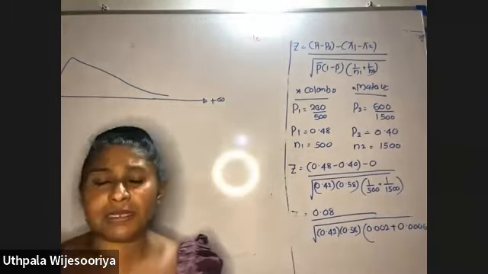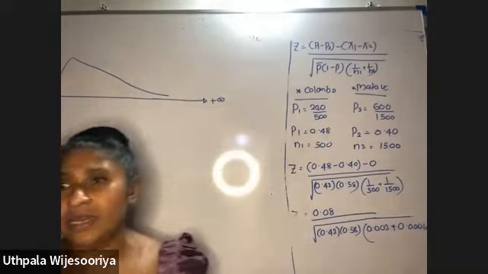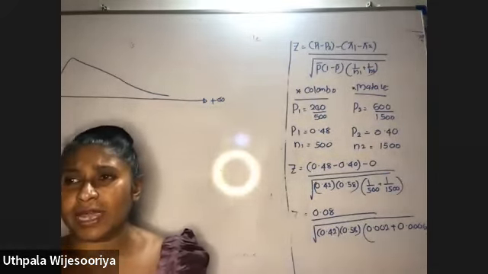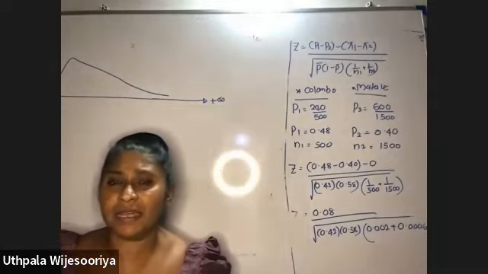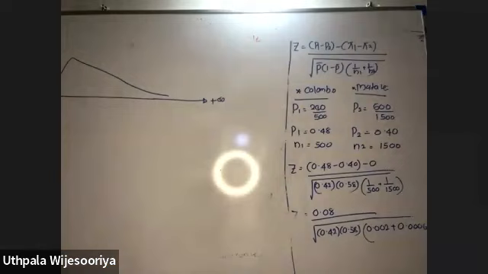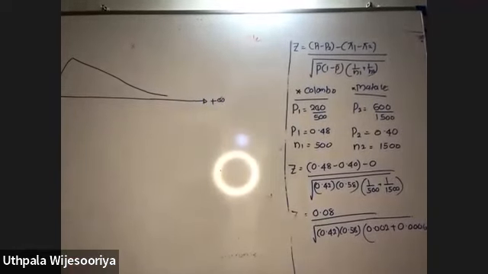This again depends on the degrees of freedom, same as the T distribution. There is a set of T distributions depending on the degrees of freedom, and similarly there is a set of chi-square distributions.